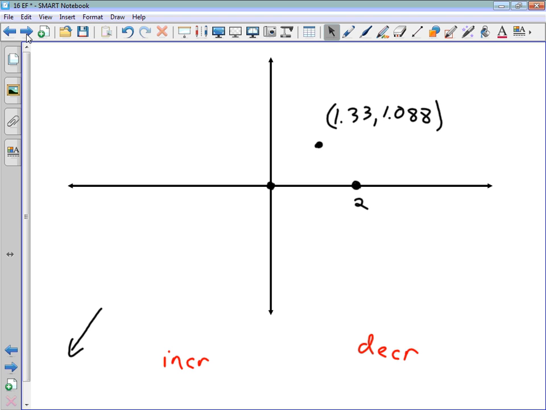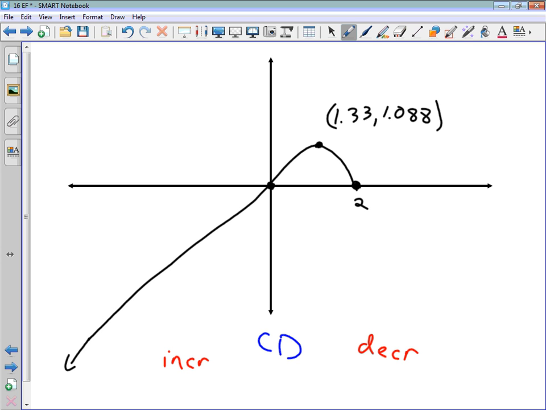So this makes perfect sense that this thing is just going to go like that. And we can double check with our concavity information. Our concavity said that this thing had to be concave down everywhere, which in fact it is. Okay? And there's our graph.